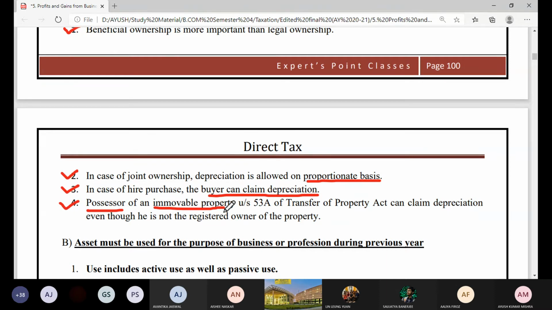In that case, till the time the case carries on, neither Mr. Y nor Z will be the actual owner or the legal owner of the property, because their name is not there on the registration document of the property. But as Y is the possessor of the immovable property, he may claim depreciation on the same.